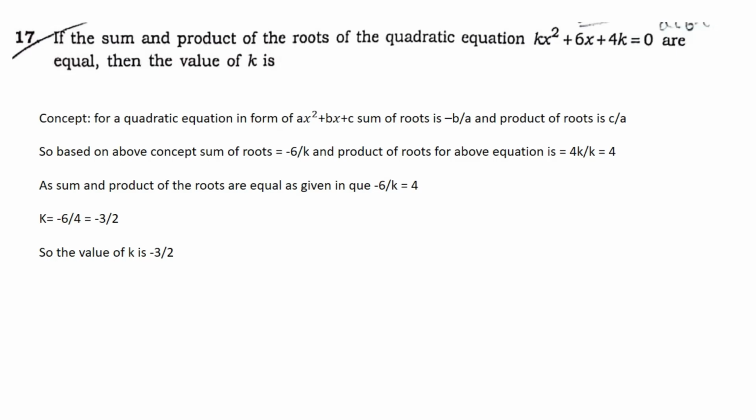So based on the above concept, the sum of roots is minus 6 by k. The product of roots for the above equation is 4k by k, meaning k and k cancel, and it is 4. As the sum and product of the roots are equal as given in the question, minus 6 by k equals 4, and by solving the equation we get the value of k as minus 3 by 2.